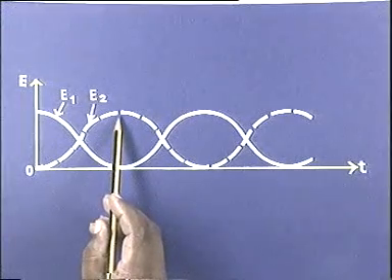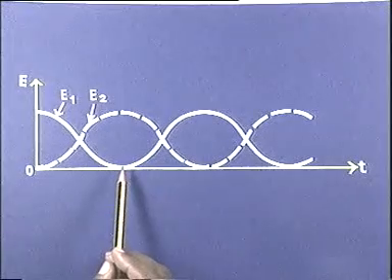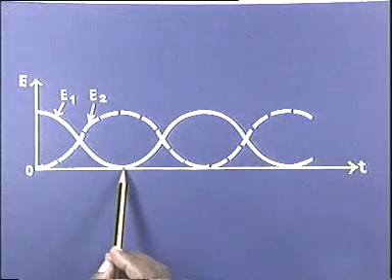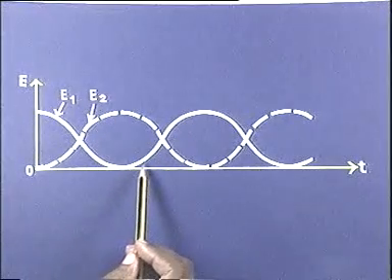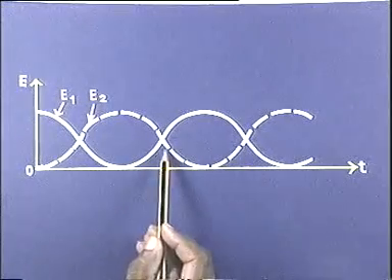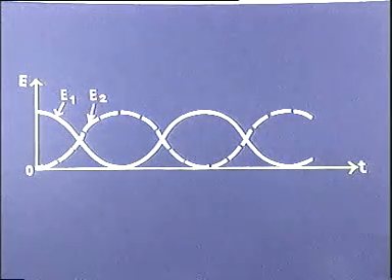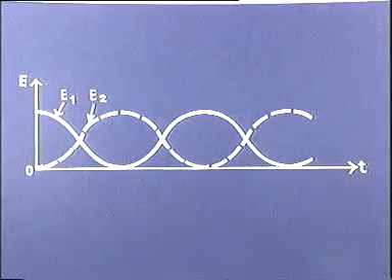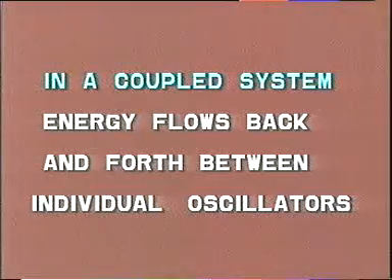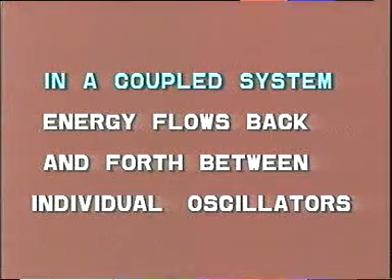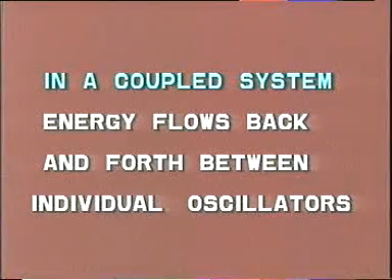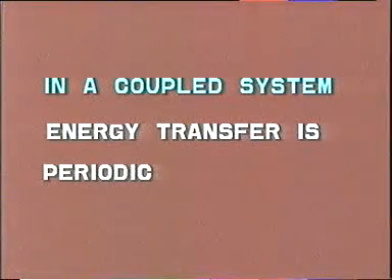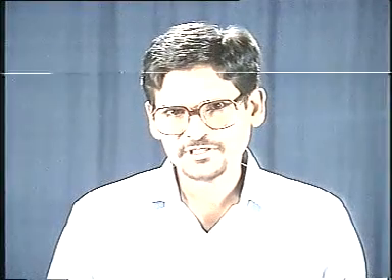At that instant, the energy of the first oscillator is 0. This process continues interchangeably for a long time. So we can say that in a coupled system, energy flows back and forth between individual oscillators and energy transfer is periodic.